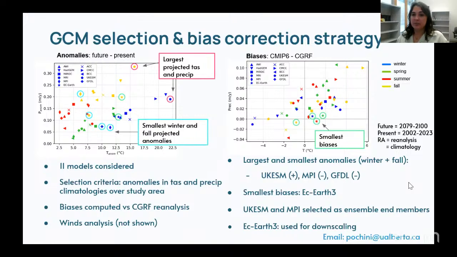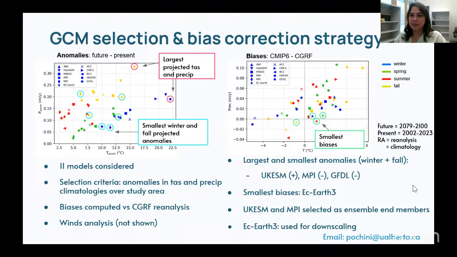And we also looked at the bias of these models in the present day compared with reanalysis data. Here we can see high anomalies, these would be low anomalies, and then this is the bias compared with the reanalysis data.